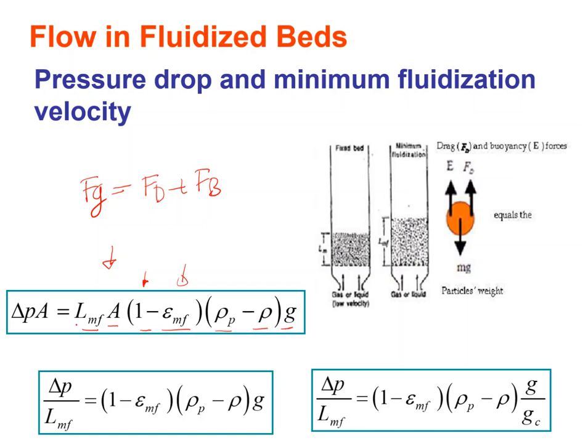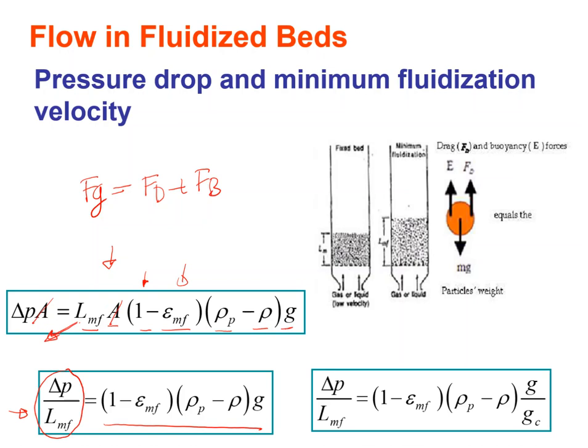Of course I can take this LMF to this side. I can cancel the A's and take LMF to this side, and I'm going to get this equation, which is a relation for the pressure drop per unit length of the bed, and it is equal to this equation here on the right hand side.